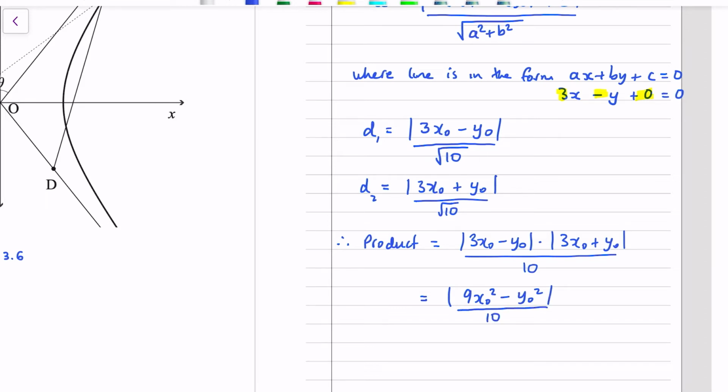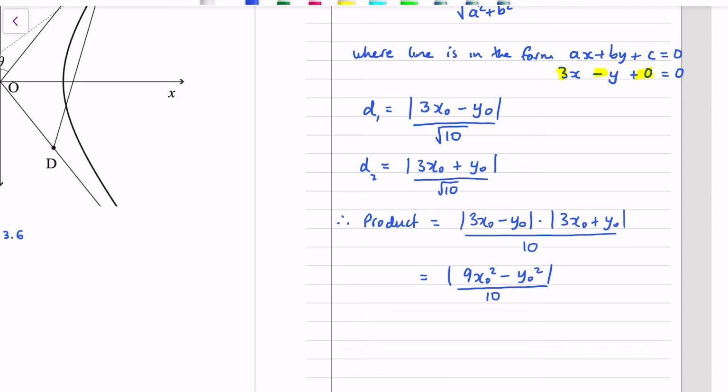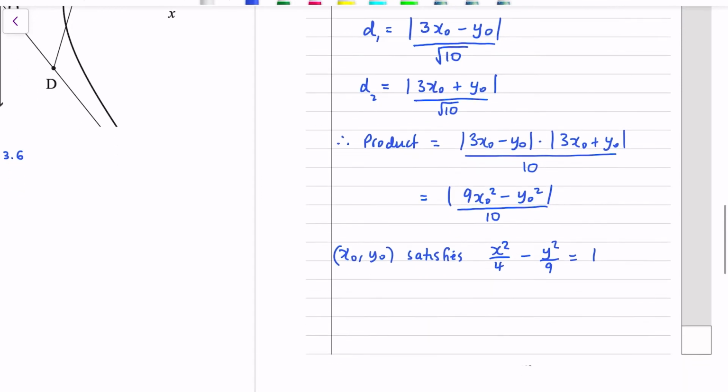And then we know that x naught, y naught is on the hyperbola. So x naught, y naught satisfies the equation x squared over 4 minus y squared over 9 equals 1. If I take this equation and times the whole thing through by, it wasn't 9, it was 36.